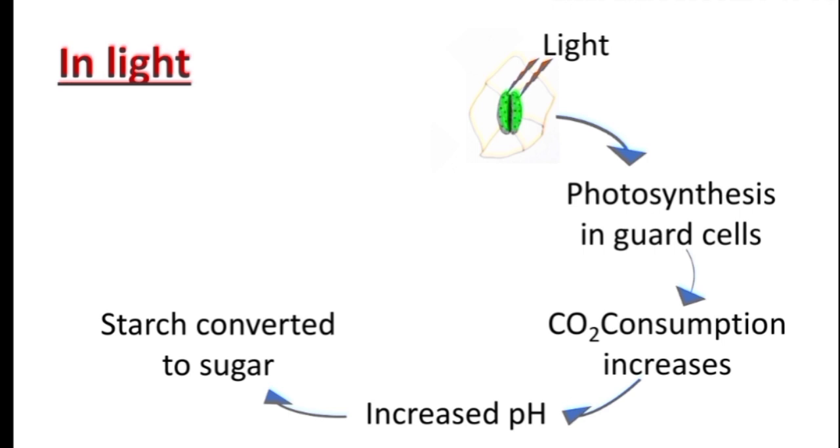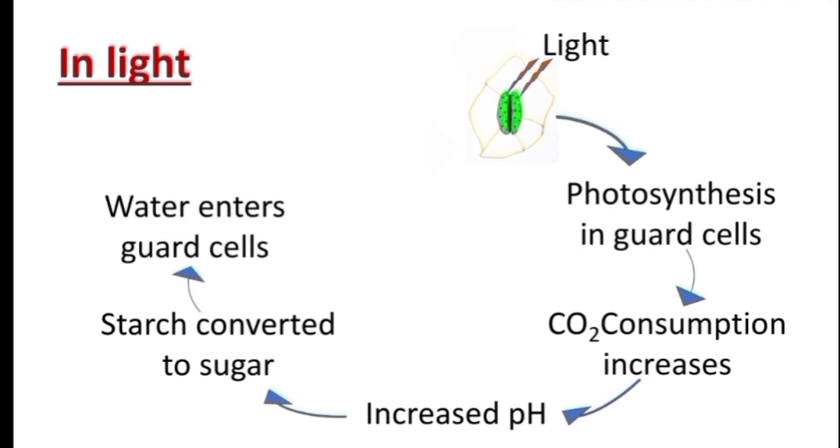Therefore, as the pH increases, the enzyme activates and conversion of starch into sugar begins. As the starch is converted into sugar, the water potential of the cell decreases, and water from the surrounding subsidiary cells enters the guard cells, and the guard cells become turgid and the stomata open.